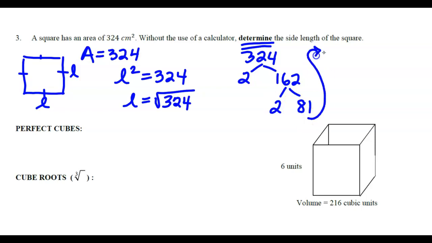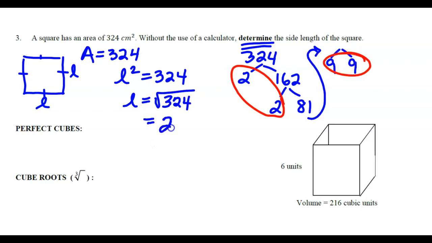So in this case, I might do 81 as 9 times 9 and leave it there, because it didn't say I had to use prime factorization, and I've got my two pairs, right? And so now I know the length, I'll show you the difference. I'm stopping there so that I go 2 times 9 is 18. And then it is a length, so I use centimeters.